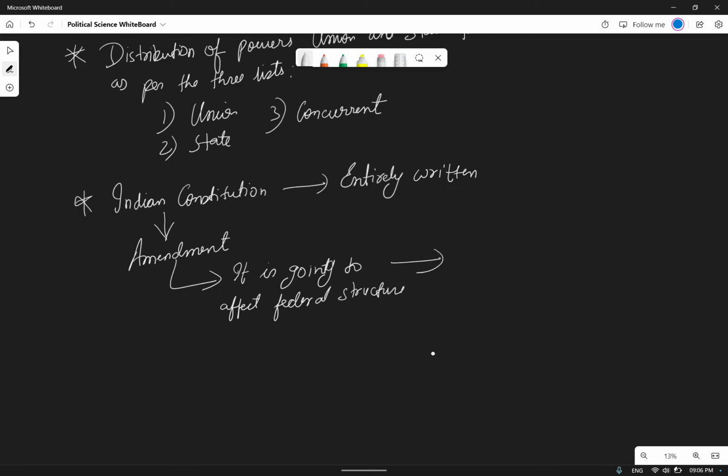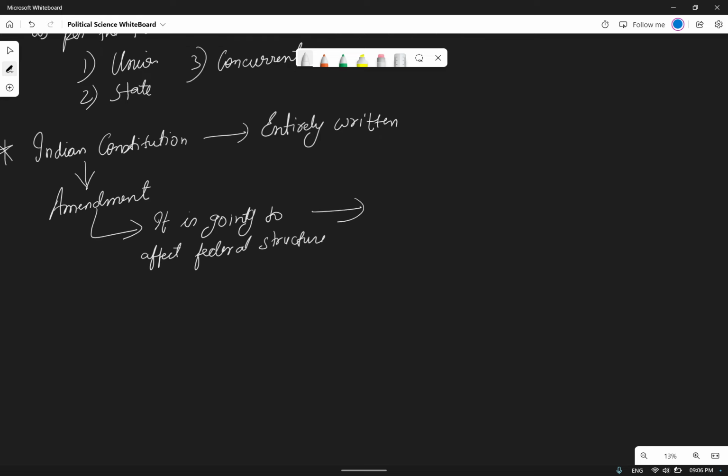Okay, now what does this mean? It means that whatever amendment we are going to make must be ratified by at least half of the state legislatures.